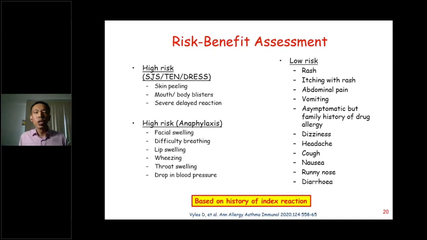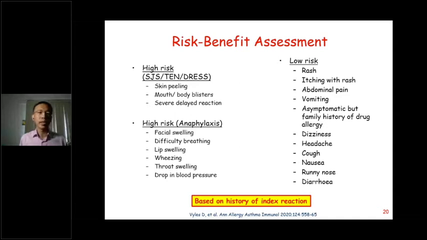So this is pretty important, the risk-benefit assessment. So you do need to risk stratify your patients to the high risk and the low risk. So if you look at the high risk reaction, those are really truly based on the index reaction. So if patients can remember the reaction, if there is proper documentation of the reaction, then that really makes things much easier. So usually the severe reactions are fairly well documented.